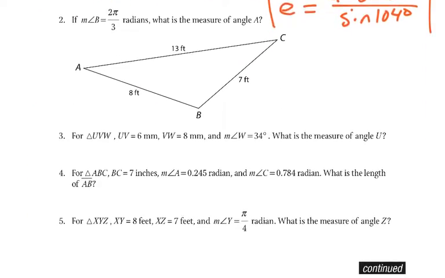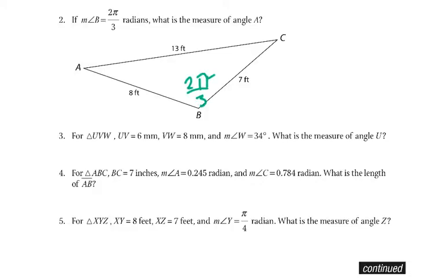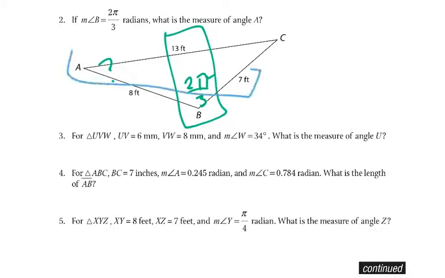So now we take a look at number 2. It tells us the measure of angle B is 2 pi over 3. What's the measure of angle A? So we find connections. B has a connection. A has a connection as well.